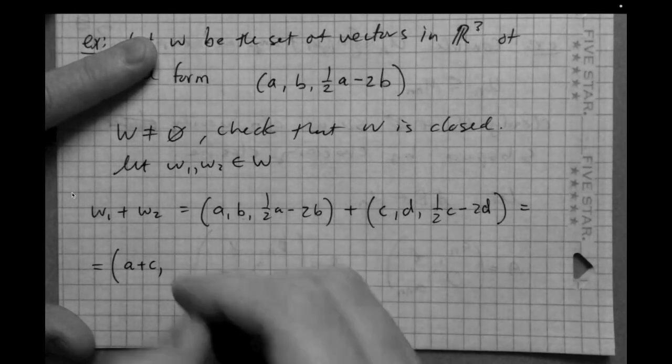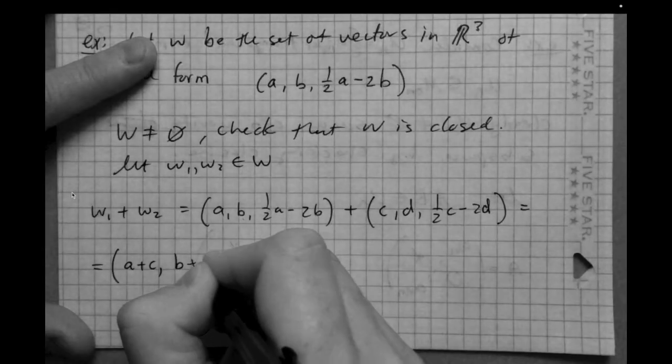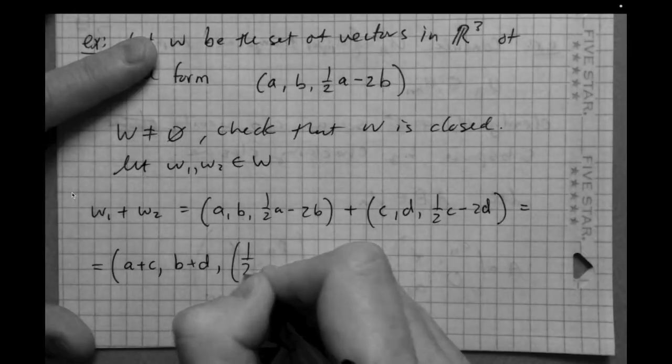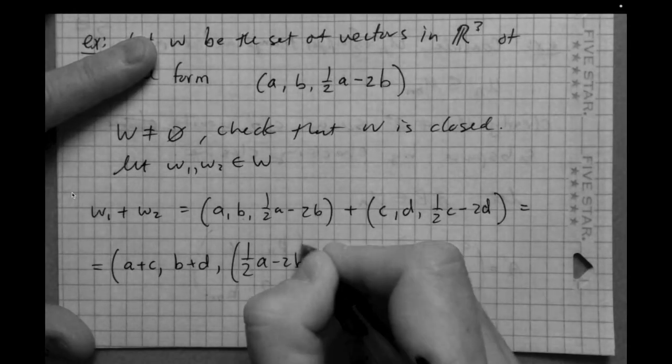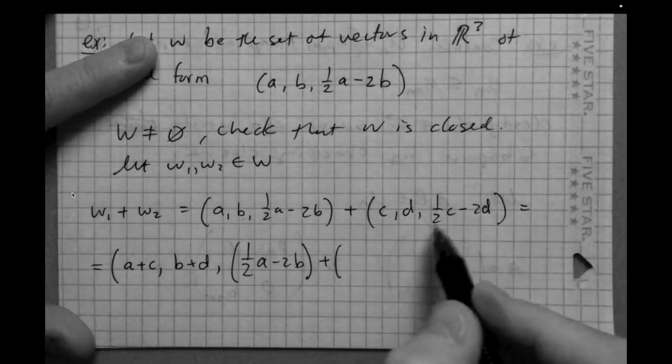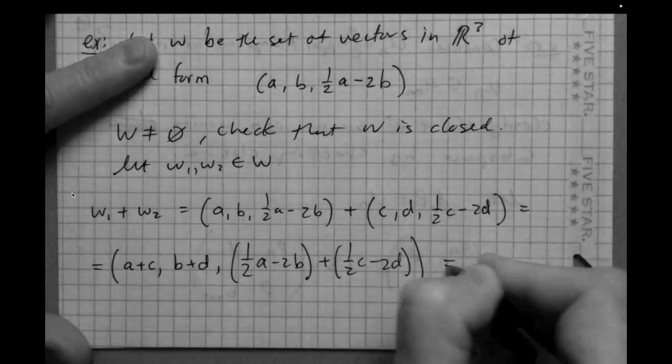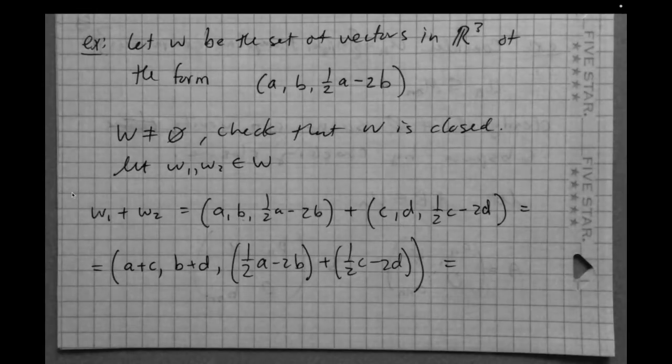B plus D is the second component. And then the third component would be 1/2 A minus 2B plus 1/2 C minus 2D. Okay, so we've got that. Now this third component's where the question comes up, like how can we simplify this somewhat? And the answer is yes, of course, we can simplify it.